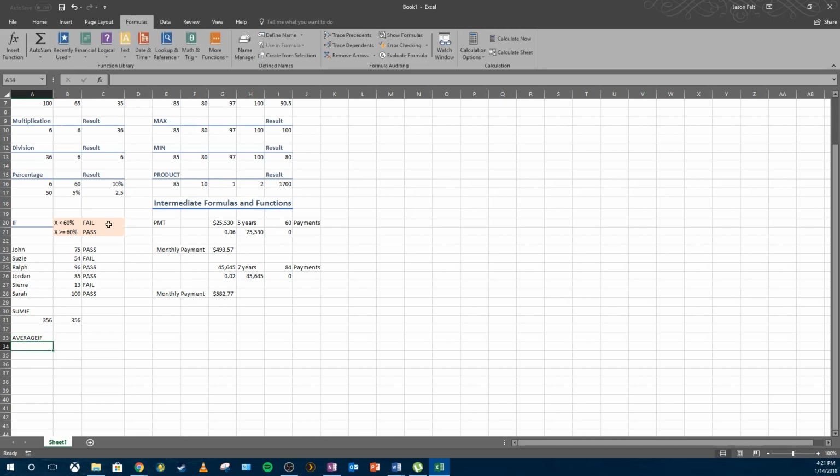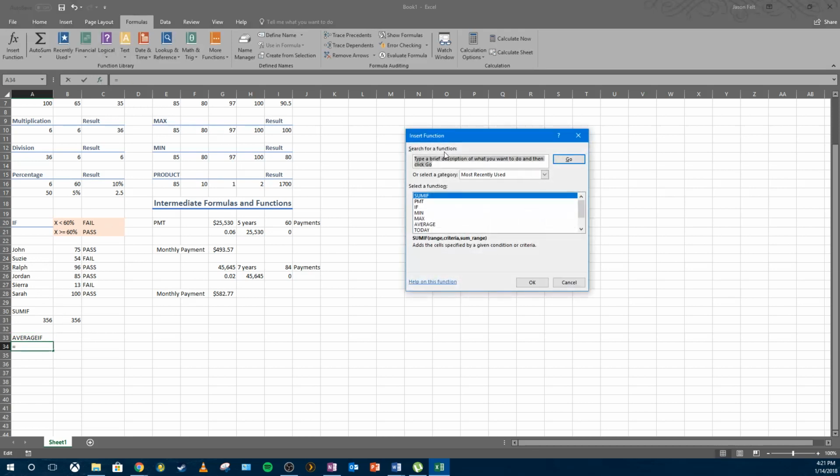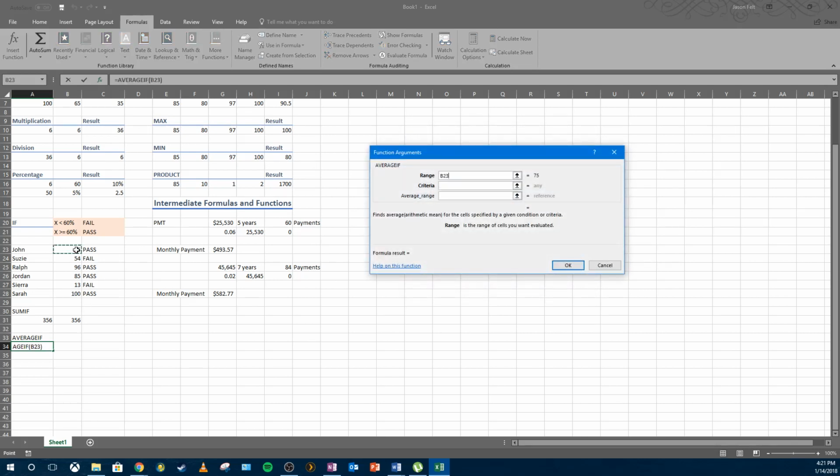Okay, so AVERAGEIF, I'm only going to take the average of the passing grades. Okay, so this is the range. The criteria is greater than, I had a brain fart there, greater than or equal to 60.